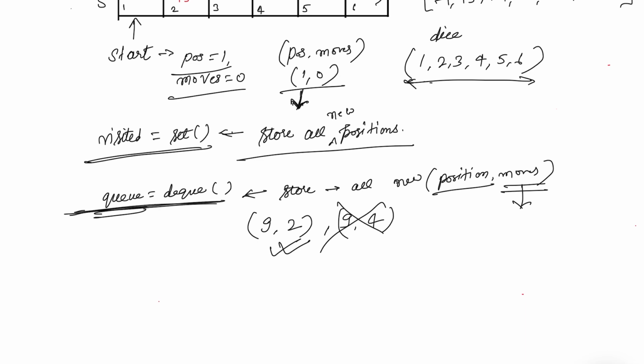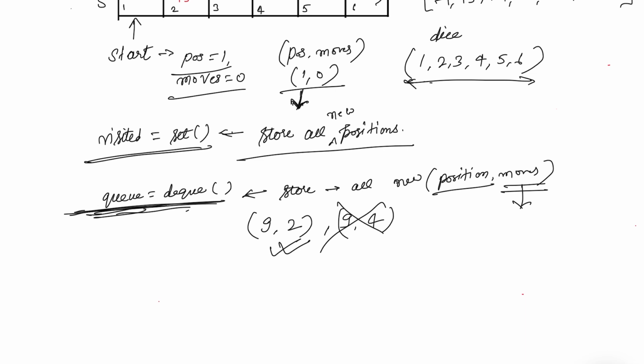Okay, so inside this queue only those positions will be stored whose moves is minimum. For the same position there can be two different moves, so we have to store only those positions whose move will be minimum. Okay, now see, this is the case of set and queue.